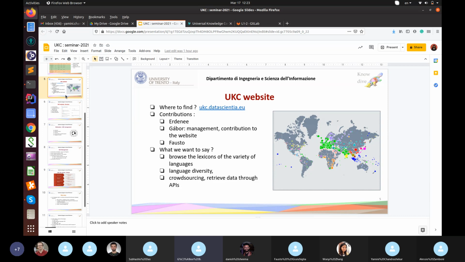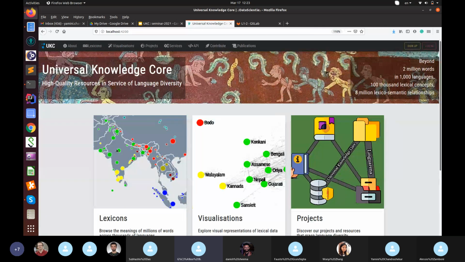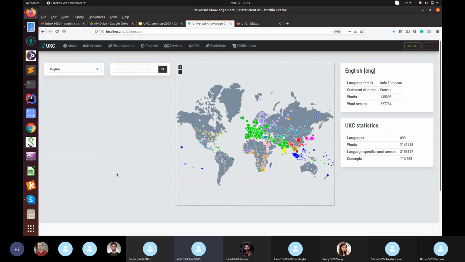So it is a fun website to use to explore the languages. I'm saying this to encourage you to connect and try it out as soon as it will be available. You can play with it. You can explore the relationships between languages.